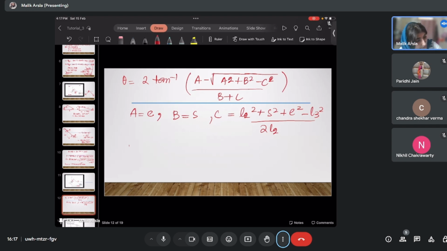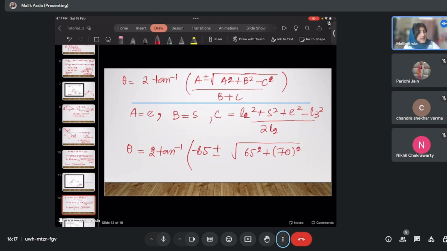So theta will be 2 tan inverse of minus 65, plus minus under root of 65 square plus B is what, S, and that is 70 square, minus C. So what is this distance coming out to be?